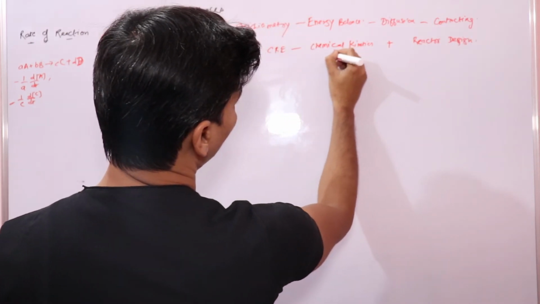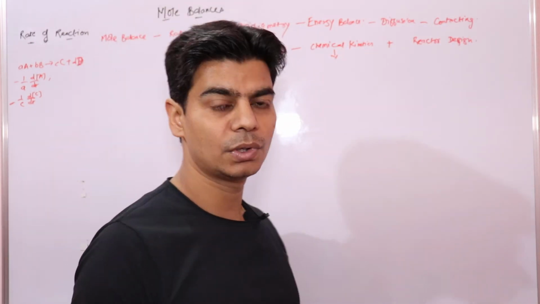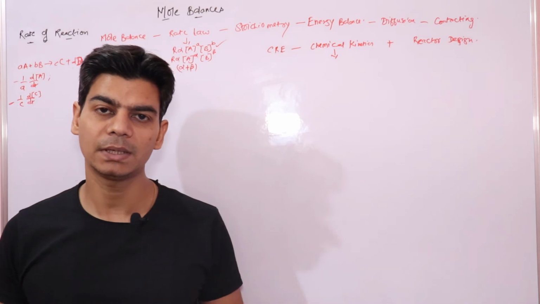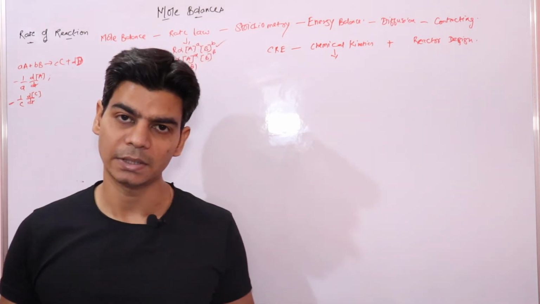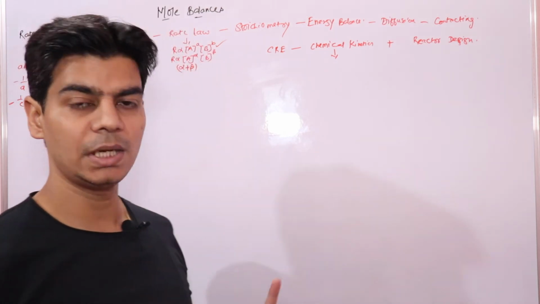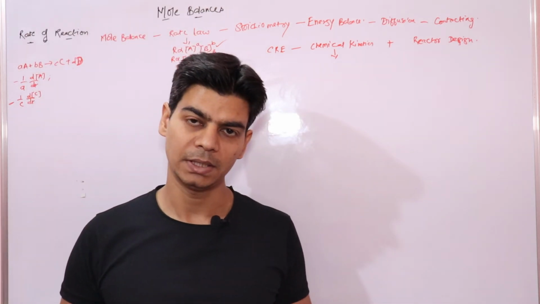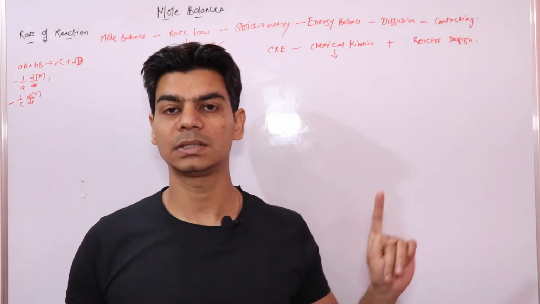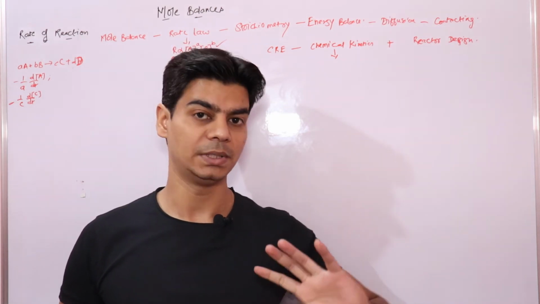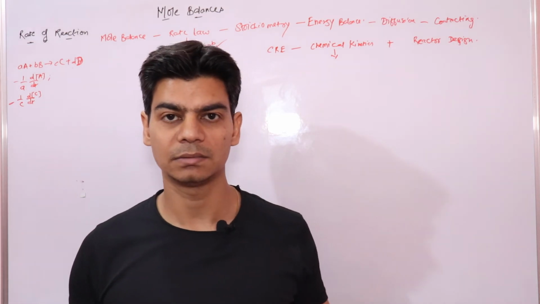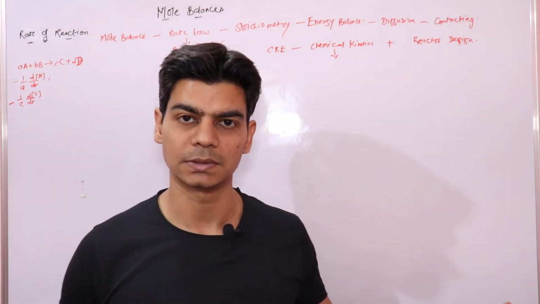right? When we talk about chemical kinetics, if you remember from the chemical kinetics chapter, in chemical kinetics what we generally study is the speed or rate of reaction, right? The factors that affect the speed or rate of chemical reaction, and the reaction mechanism, how reaction takes place, how reaction proceeds, right?